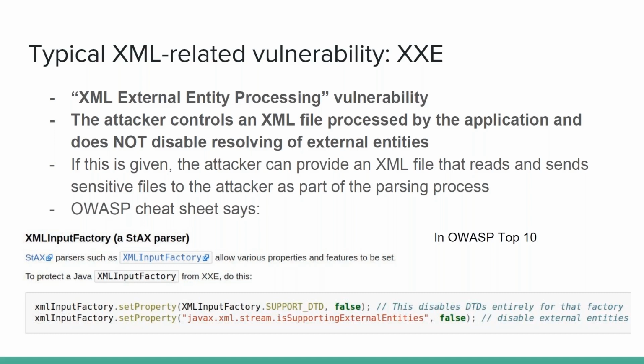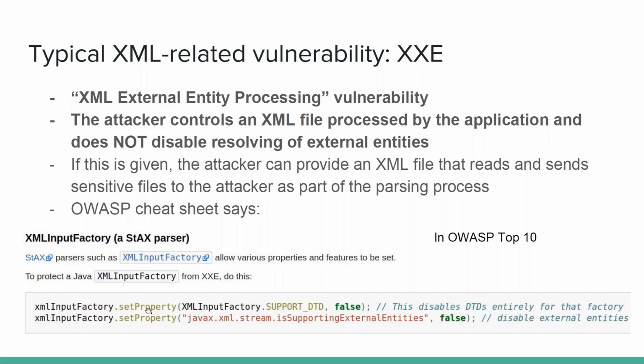OWASP actually has a cheat sheet that tells you, for different types of parsers, what you need to do to make sure that XXE does not work. By default, it does work if the attacker can provide the XML file. So what we need to look for here is the configuration of the parser.